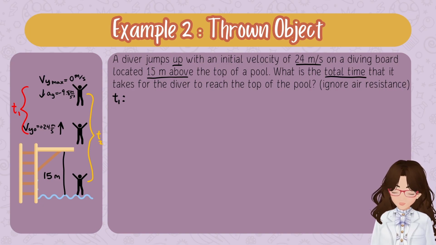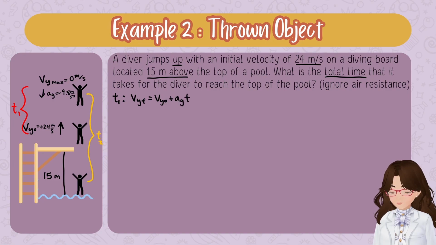Therefore, the equation I want to pick is the equation that uses velocity and time, which is going to be Vy final equals Vy initial plus Ay times T. Now I'm going to substitute in the variables that I've set up. So in this case, my Vy final is going to be my Vy max.